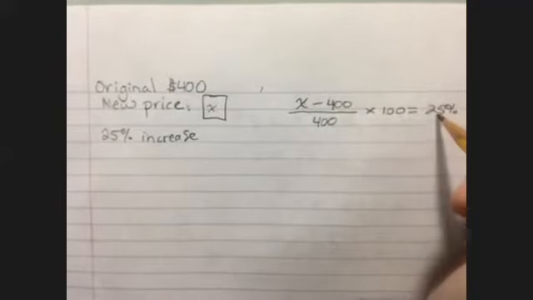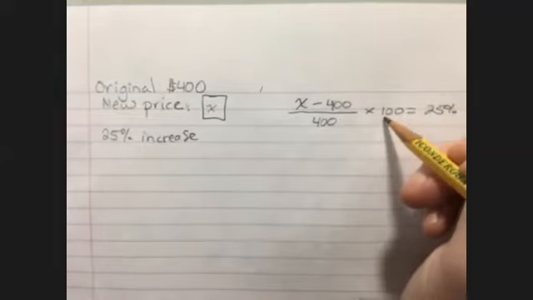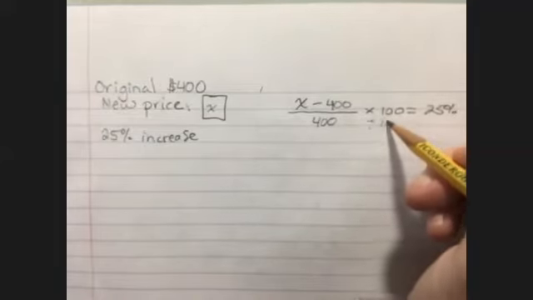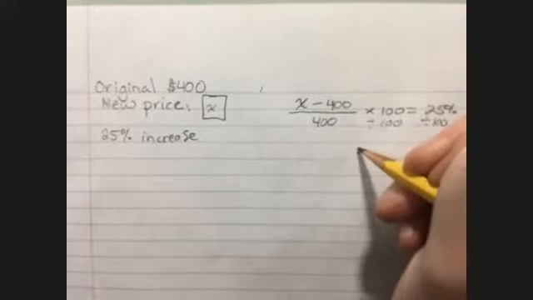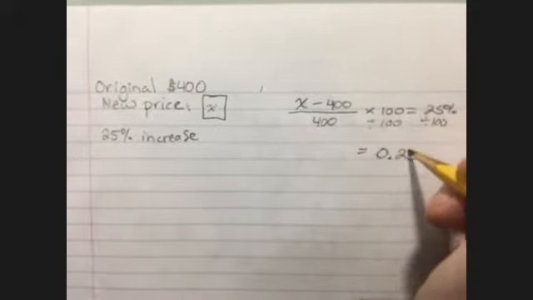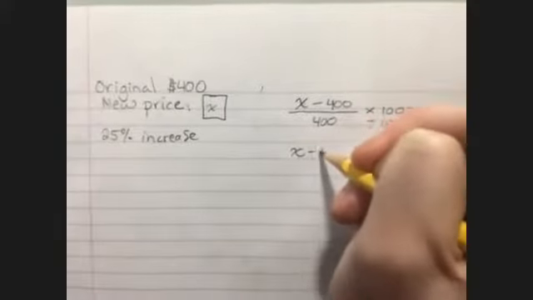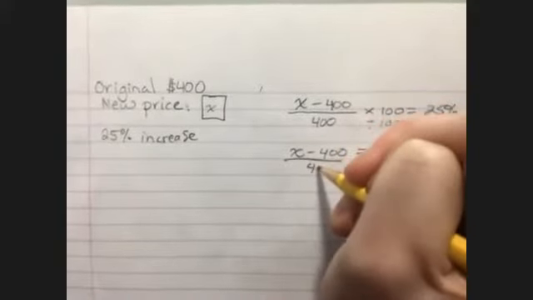Now what you have to do is inverse operation and work backwards. So we need to convert this percent to a decimal. So instead of times by 100, we're going to divide by 100. That means that now you're going to get 0.25, and it's going to be X minus 400 over 400.